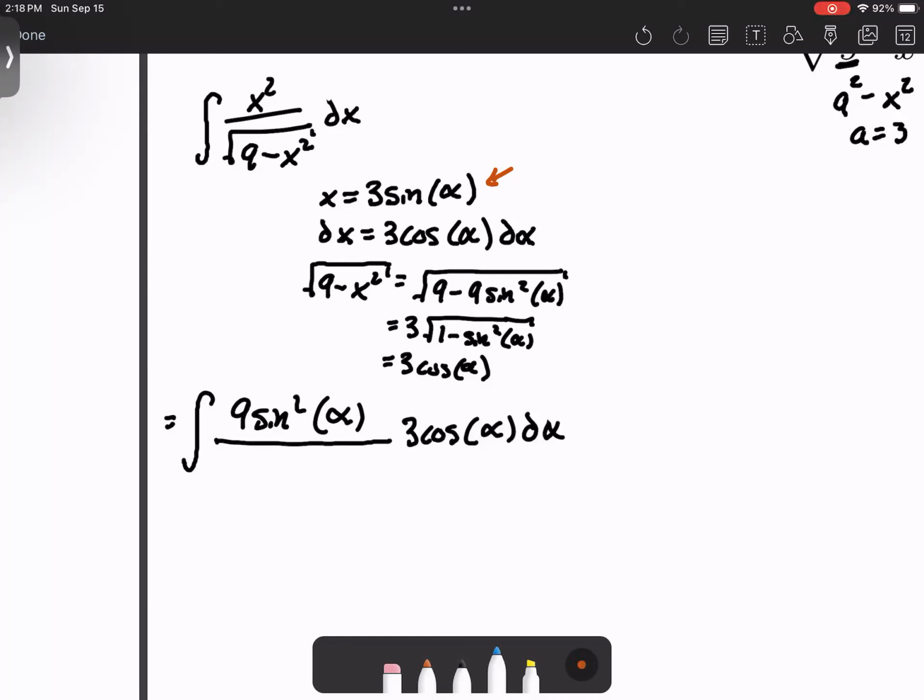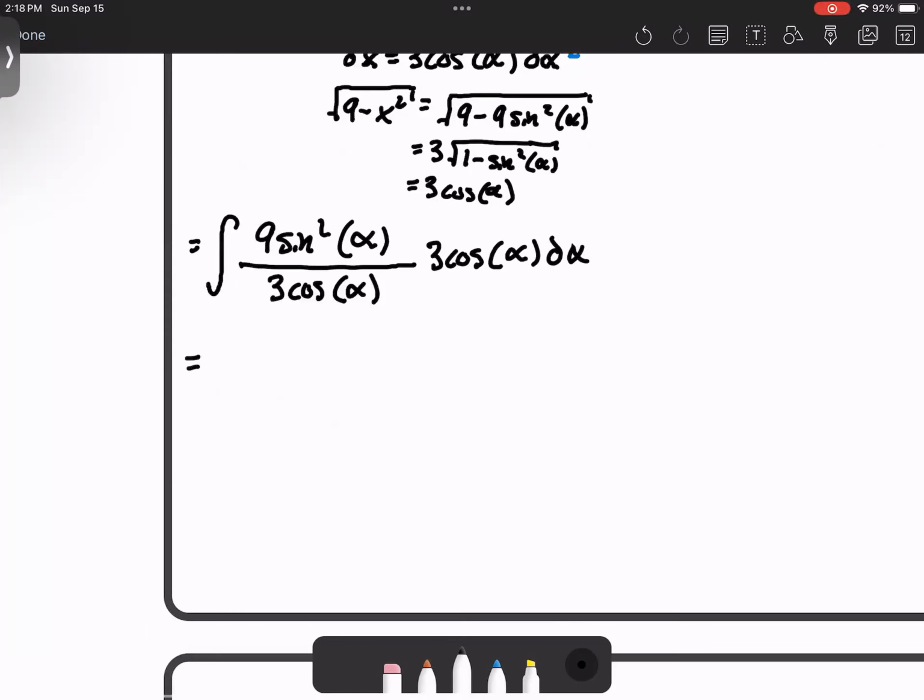So dx is gone, the x squared is taken care of. Now for the square root in the denominator. We replace that entire square root of 9 minus x squared with a 3 cosine. And we see a lot of nice cancellation. The 3 cosines are gone, and we really just have to integrate 9 and sine squared.